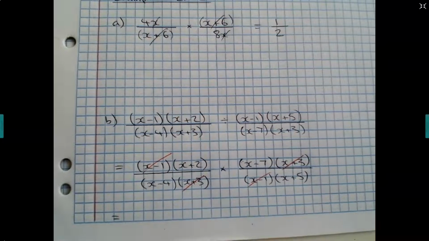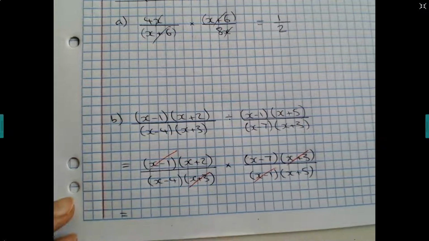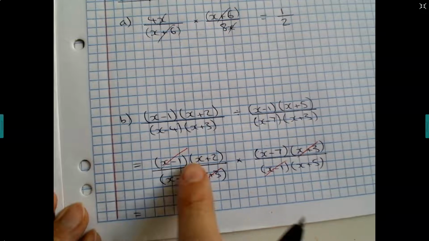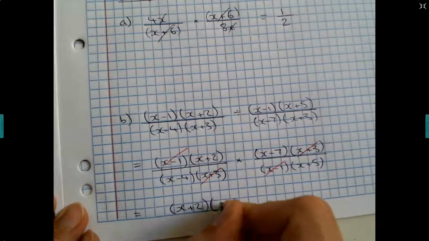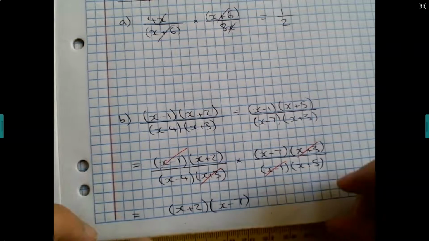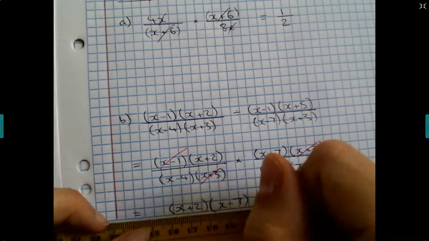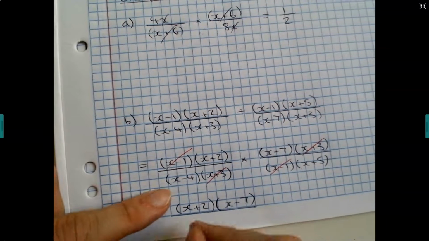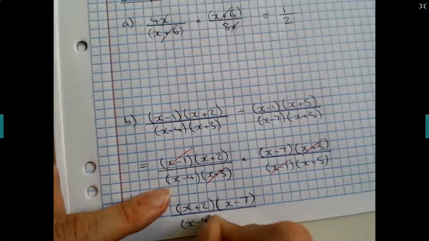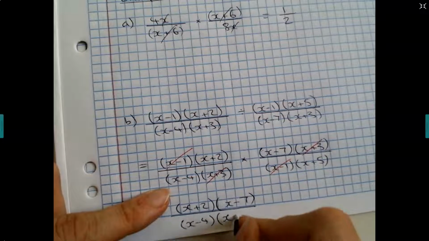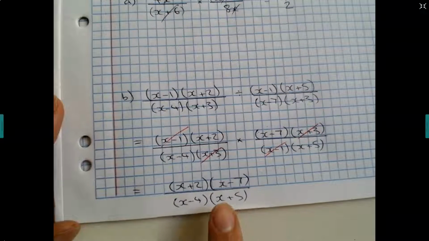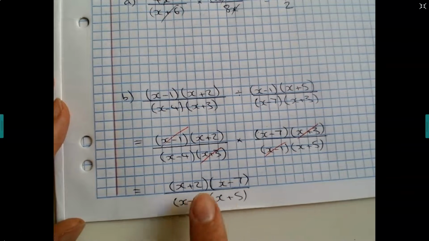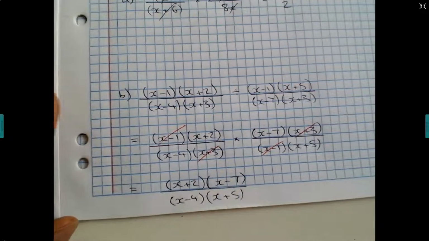And that looks like that's about all we can do. So then we have left on the top x plus 2 by x minus 7 over x minus 4 by x plus 5. There's no more terms I can cancel, therefore that is the simplest form. I can't reduce it any further.